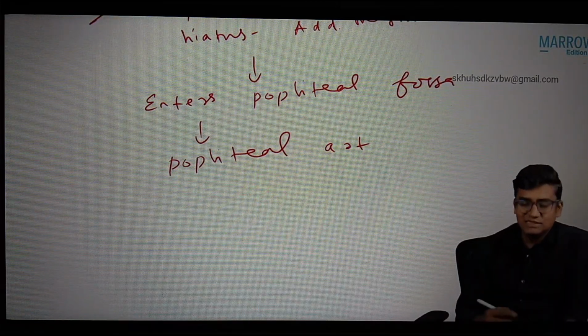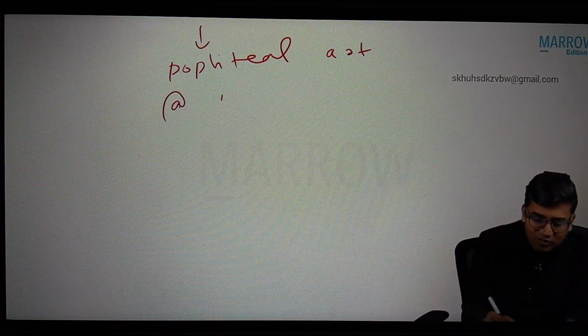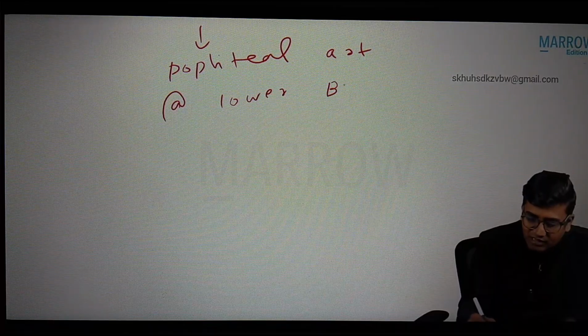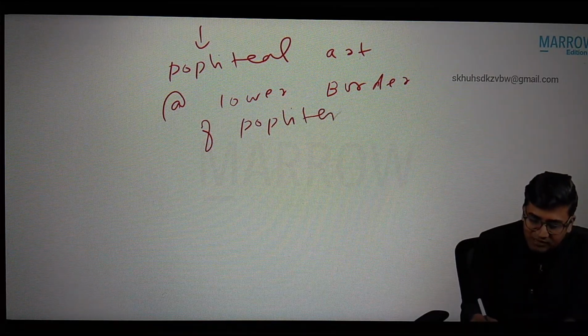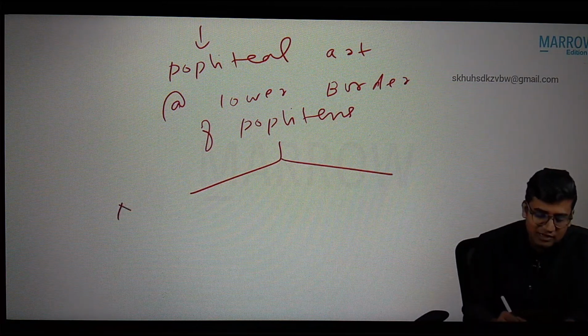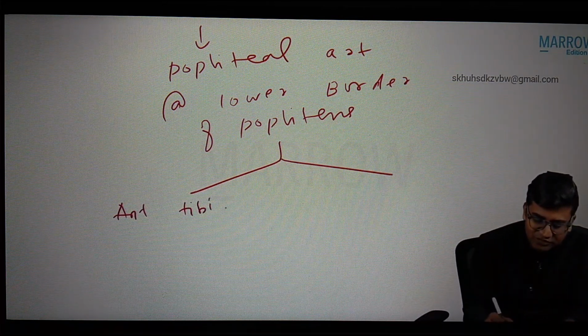Okay? Yes. Now the popliteal artery, at the lower border of popliteus muscle, divides into anterior tibial artery and posterior tibial artery.